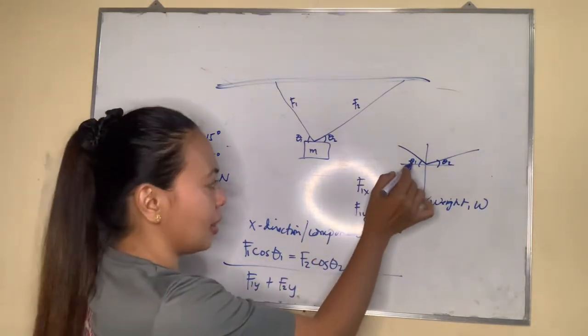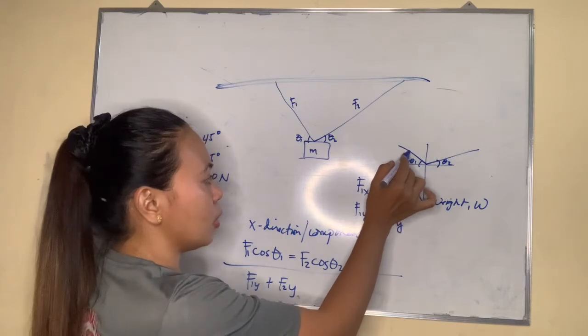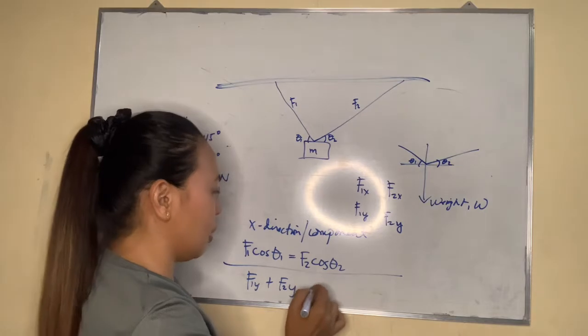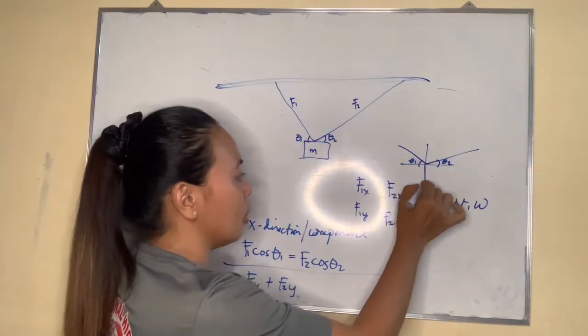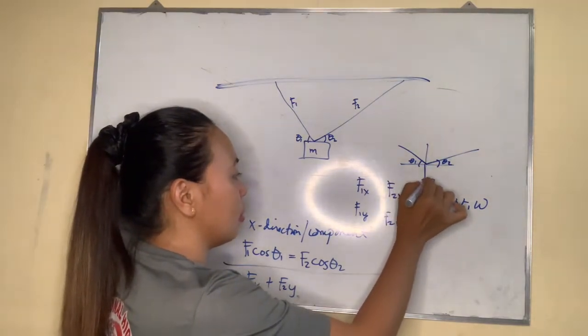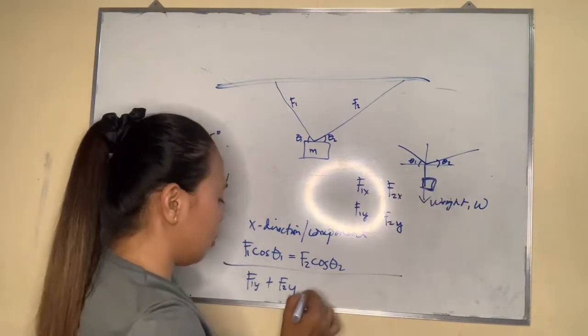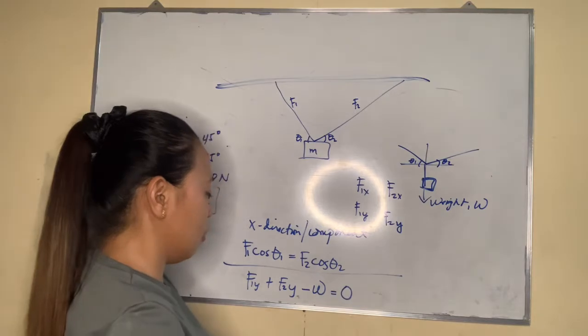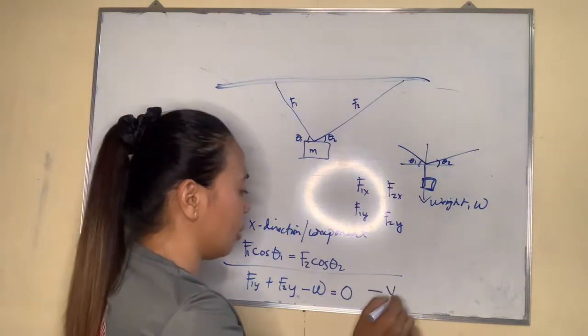Kasi ibig sabihin itong sa theta 1, meron siyang force 1 in the y direction, tapos meron din dito in the second direction. And meron ka ditong weight. Yung weight dito. So meron yan siyang minus weight is equals to 0. Ito yung sa y direction.